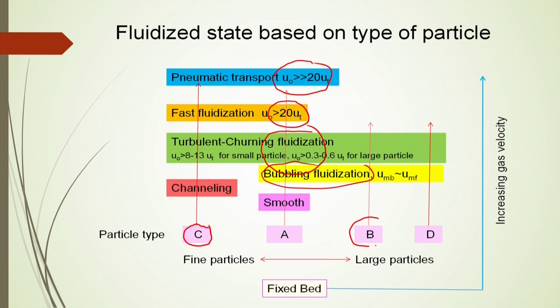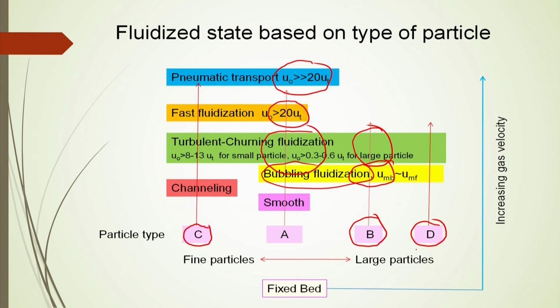With B type particles, you get bubbling fluidization and turbulent fluidization, but you cannot get smooth fluidization, channeling, fast fluidization or pneumatic transport, because here the size is higher, and size matters. With D type particles, only 2 types of fluidization you may expect, bubbling fluidization and turbulent fluidization. You cannot get any smooth, channeling, fast or pneumatic transport fluidization.